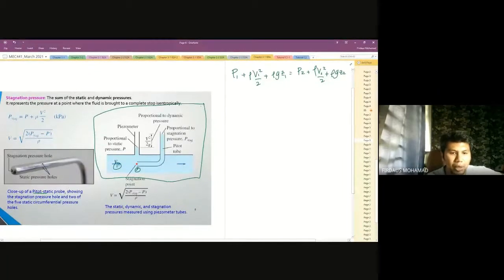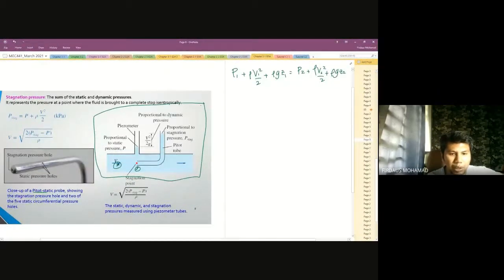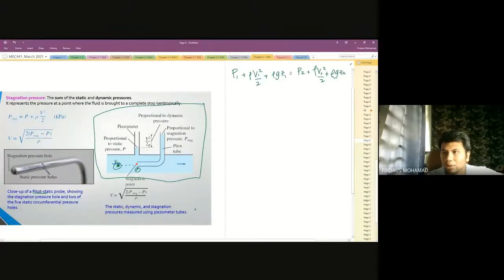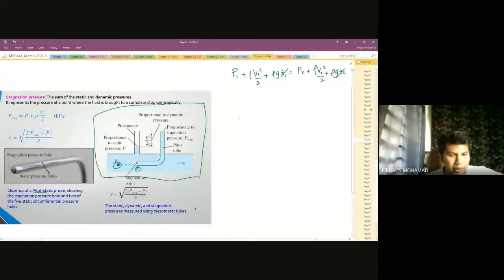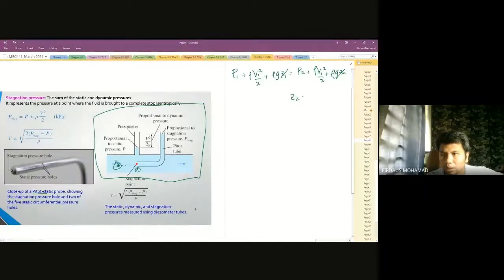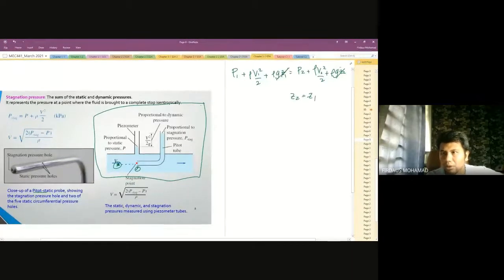Okay, so point 1 dengan point 2 at same elevation. So Z2 sama dengan Z1, so kita boleh cancel out. Okay, so sekarang ni at point 2, at stagnation point, pressure is very high. Okay, velocity ada tak dekat stagnation point?